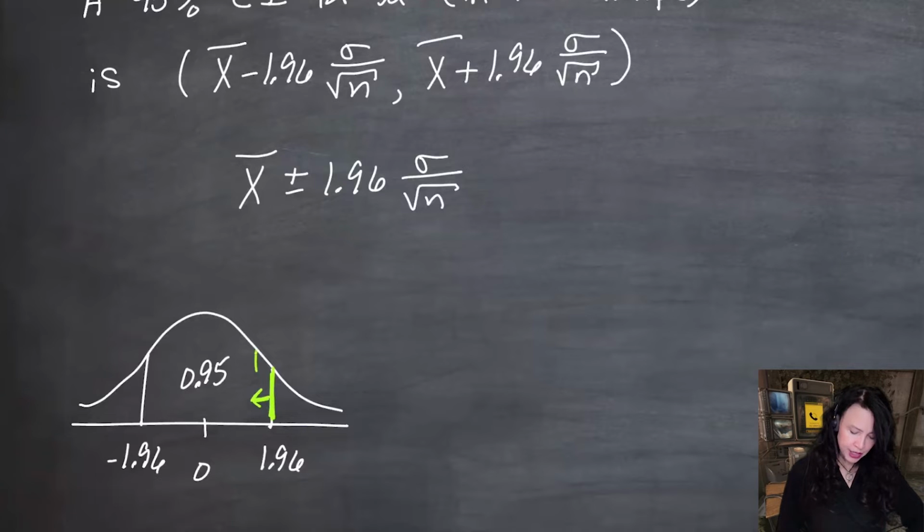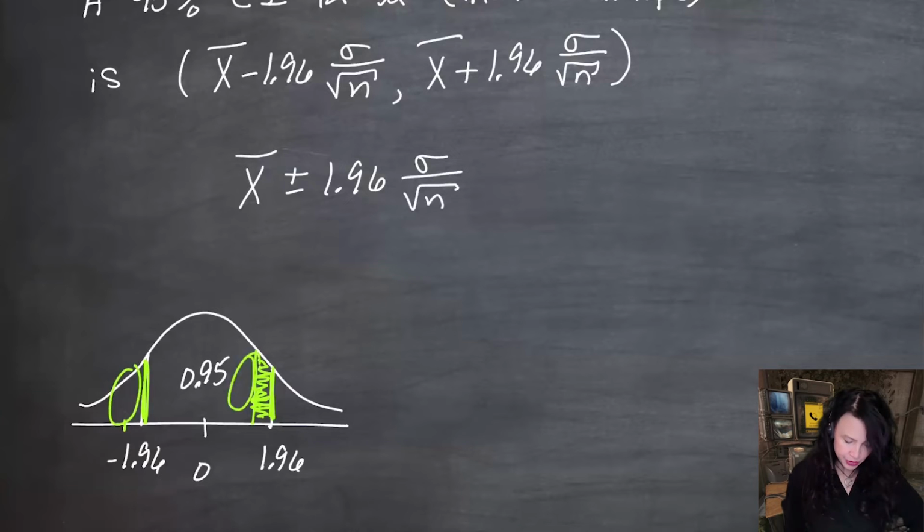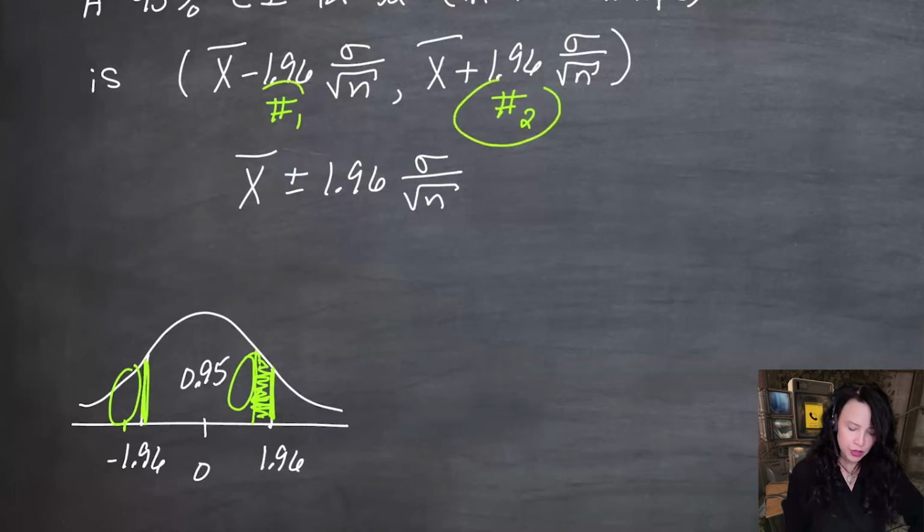Because this region is towards the center where there's a lot of area, this would subtract out a lot of area from the 0.95. And so we would also have to move the left endpoint, but it wouldn't move by the same distance because there's less area out here than there is towards the center. So the left endpoint would move over further. So you would have a number 1 and a number 2 here, and your two numbers would be further apart than negative 1.96 and positive 1.96.